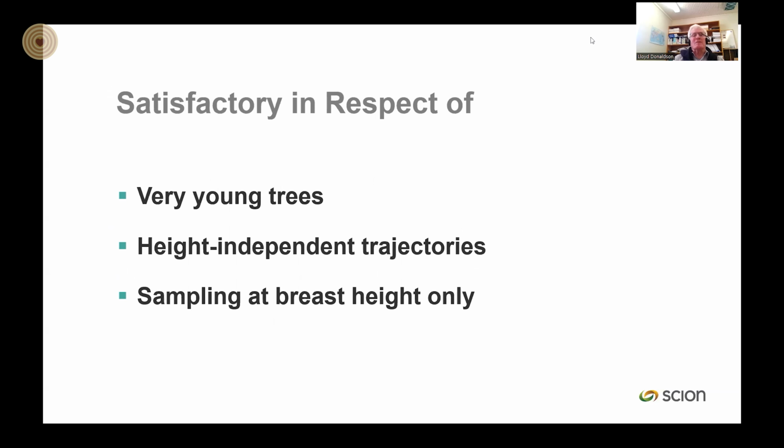This can be satisfactory in respect of very young trees, which will contain juvenile wood, whatever the criterion used. Also, if the wood properties that matter have height-independent trajectories, so that they do not vary up the tree in relation to ring number from the pith, that can be satisfactory.